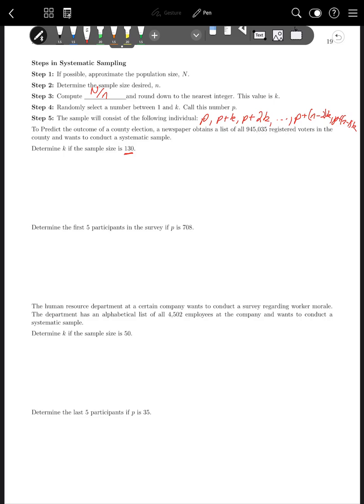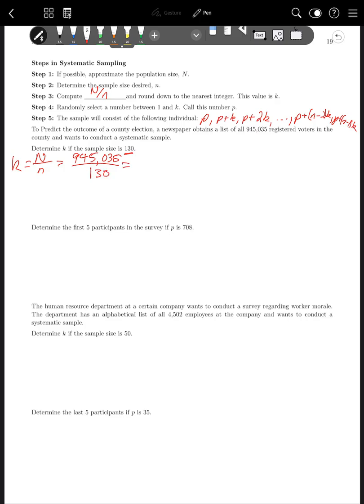So to figure this out, the first thing we have to do is figure out what k is. Well, k is capital N divided by lowercase n and then rounded down. So in this case, we have a capital N of 945,035 and a sample size of 130.